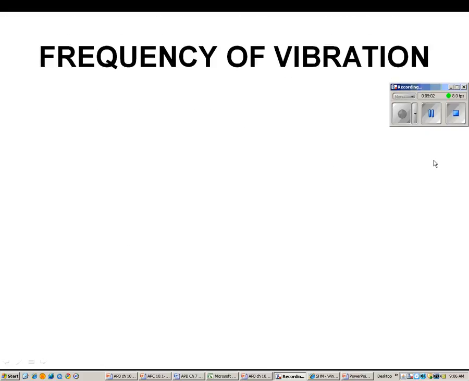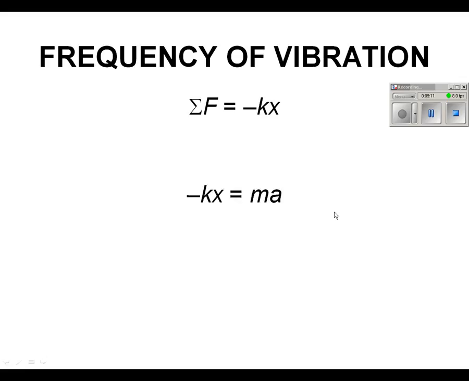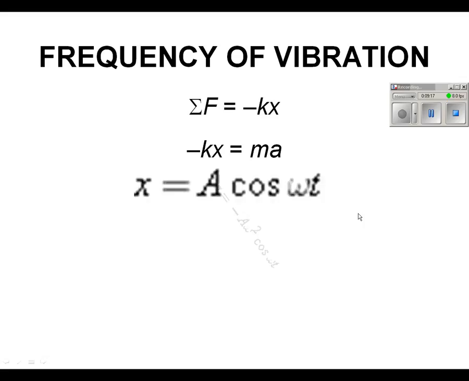Now we're going to look at frequency of vibration. Whenever a spring is moving up and down, we can say that the force acting on it from the spring is negative kx. Force also equals ma, so negative kx equals ma, and we substitute to each other. x equals A cosine omega t, so we can plug that in for this x here.